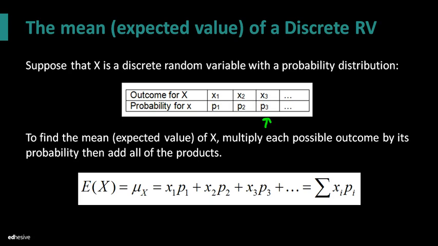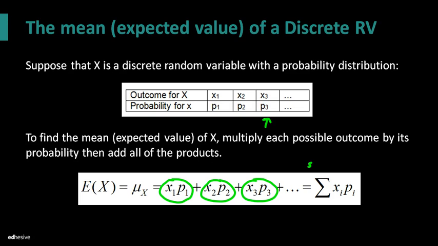So to find the expected value or the mean of the random variable, all you have to do is multiply each possible outcome by its probability and then add all of those products together. So we take the first outcome times its probability, plus the second outcome times its probability, plus the third outcome times its probability, and we repeat this for all outcomes and all probabilities. Or a way that we could shorthand this is use our summation symbol.